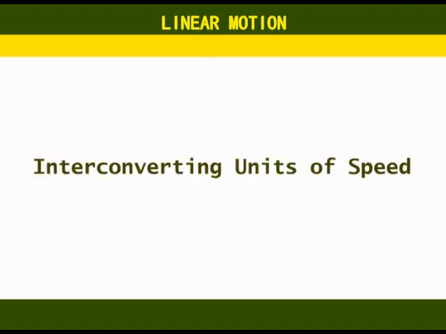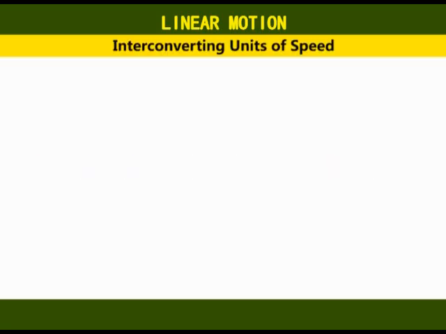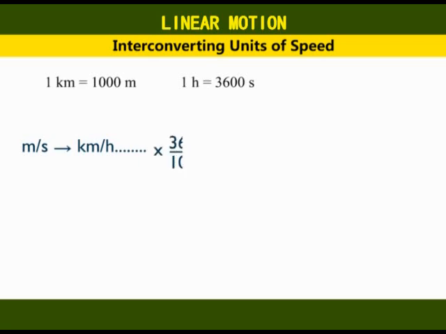The units of speed, meters per second and kilometers per hour, are interconvertible. We know that 1 kilometer is equal to 1,000 meters, and 1 hour is equal to 3,600 seconds. So to convert meters per second into kilometers per hour, we multiply by 3,600 over 1,000.